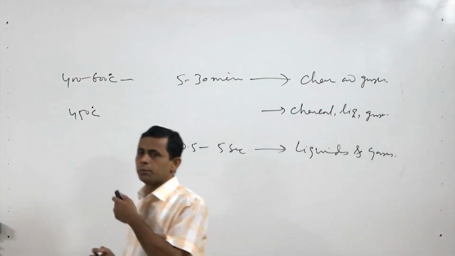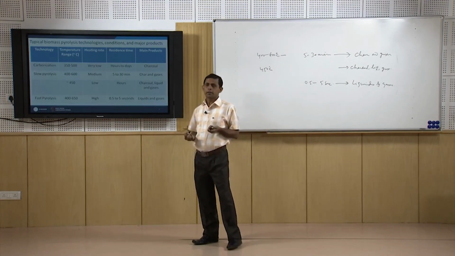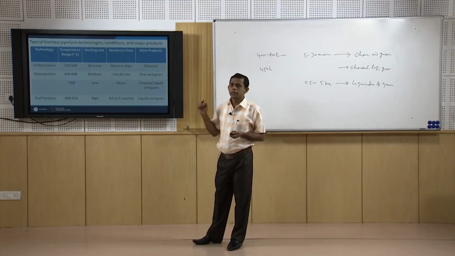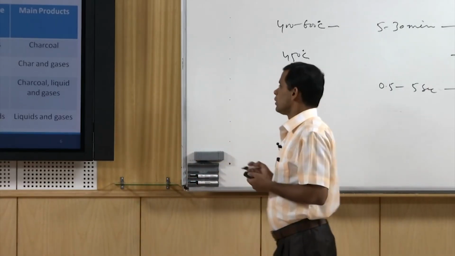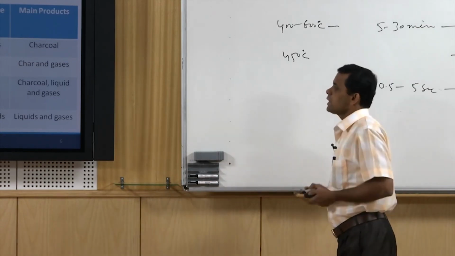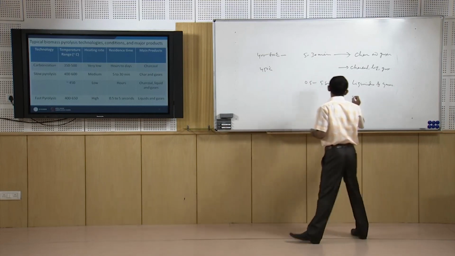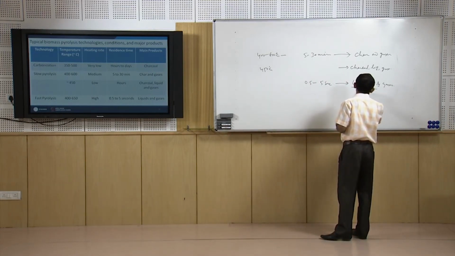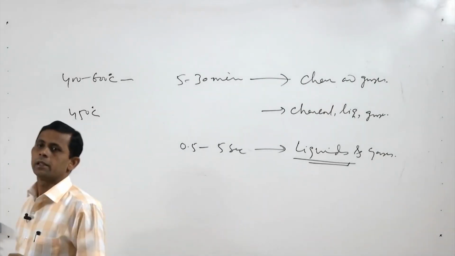The uniqueness of this process in comparison to incineration and gasification is that it can give three products: gas, liquid fuel and char, and the more desirable product is liquid. So, fast pyrolysis produces liquids as a major product and is getting more interest in recent years.